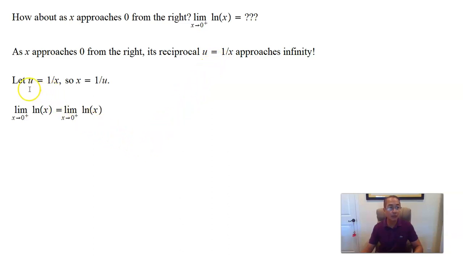So our u will be approaching positive infinity. I need to change this to plus, and I have infinity up there in my symbol panel. But we are not dealing with x anymore. We're dealing with 1 over u. x is 1 over u.